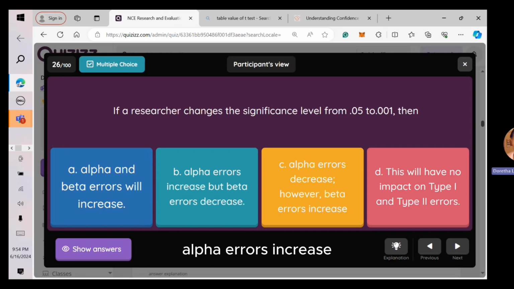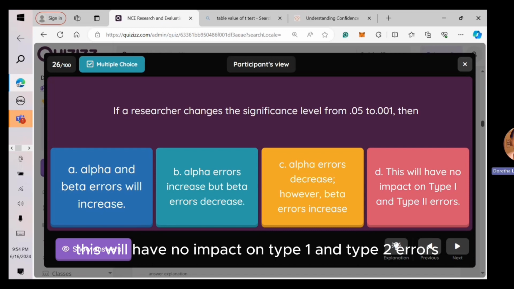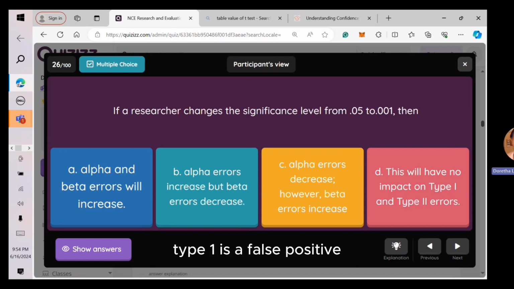B, alpha errors increase, but beta errors decrease. C, alpha errors decrease, however, beta errors increase. And D, this will have no impact on type 1 and type 2 errors. And remember that we talked about type 1 is a false positive and type 2 is a false negative.